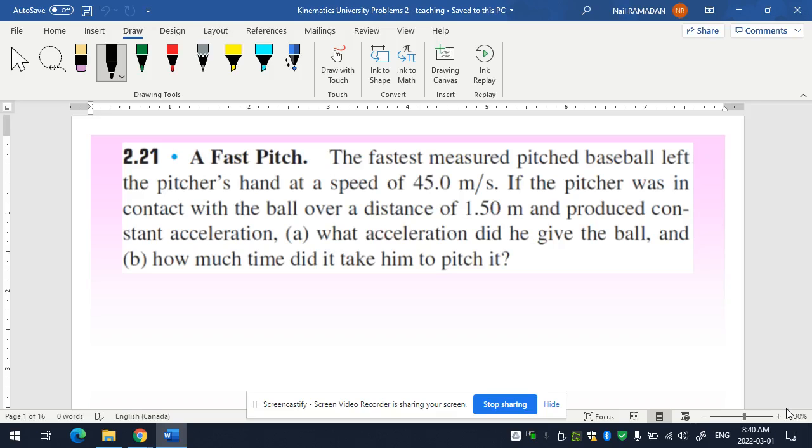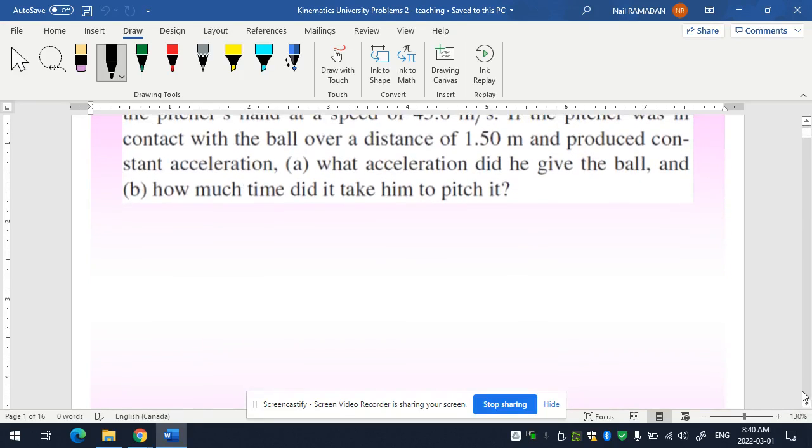The first question: what was the acceleration that the ball experienced from the beginning until it left the pitcher's hand? Let's do a very quick sketch. What was the initial state of the ball? Zero, exactly.